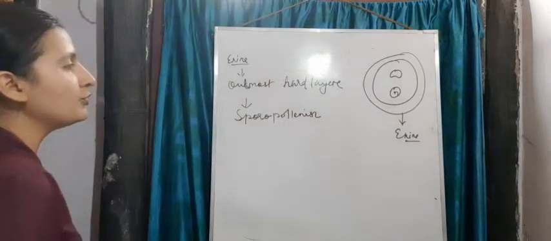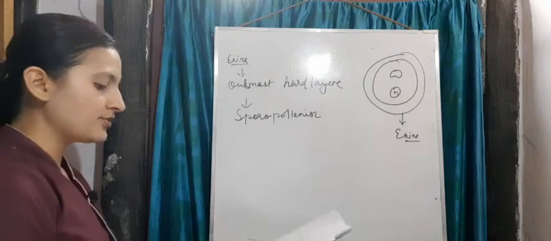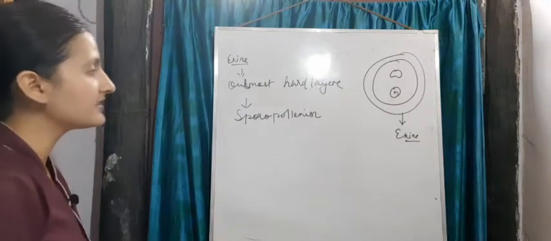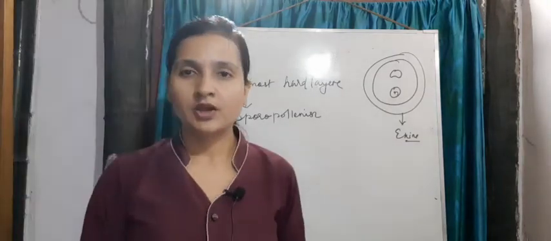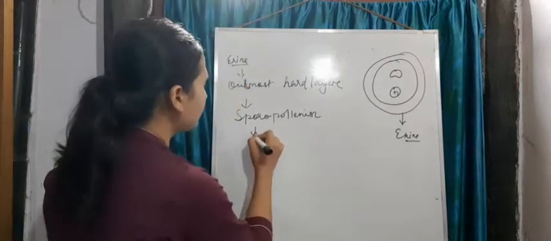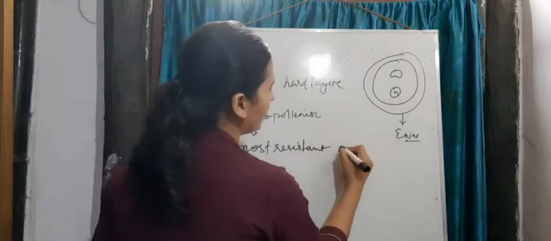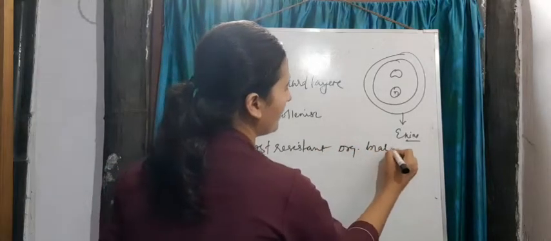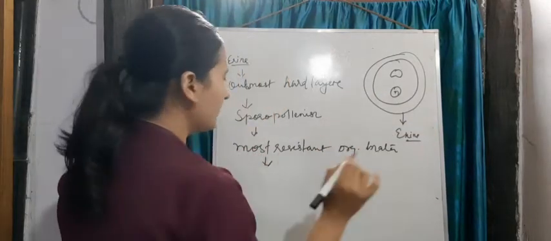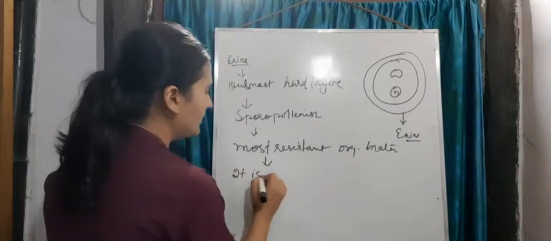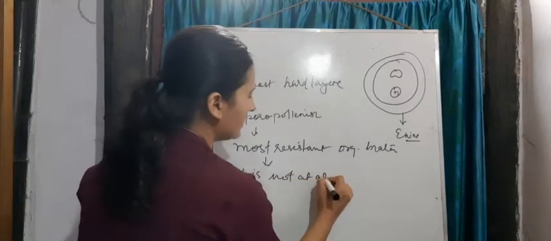Sporopollenin is the most resistant organic matter. Why is it called most resistant? Because it is not at all affected.